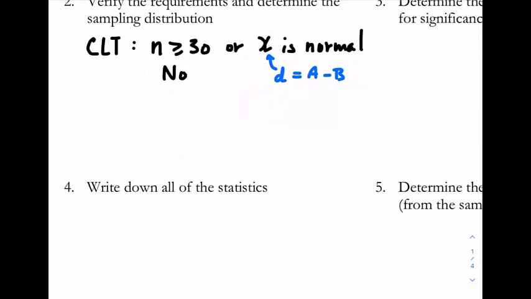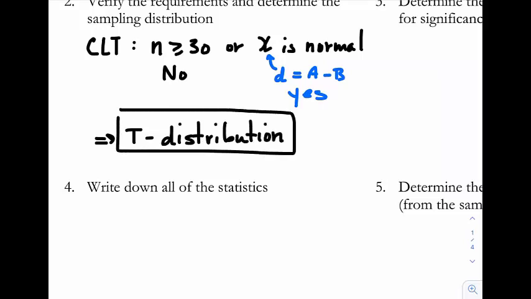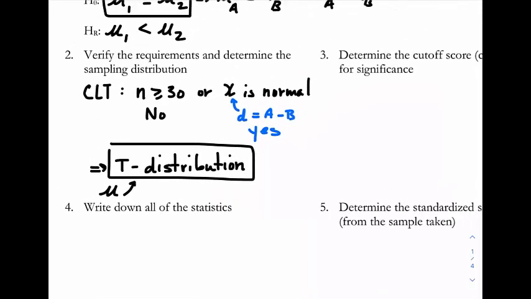So using that assumption, we'll now verify that we have a yes for the differences. Therefore, that will imply that we can use the student t distribution, or for short, t distribution. Any time that we use or describe the mean is always going to pair up with the t-distribution.